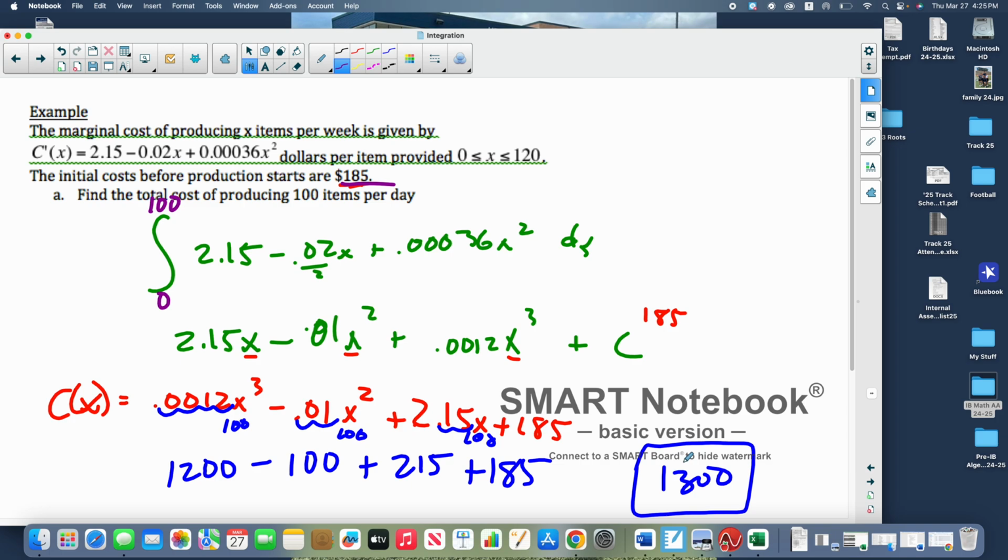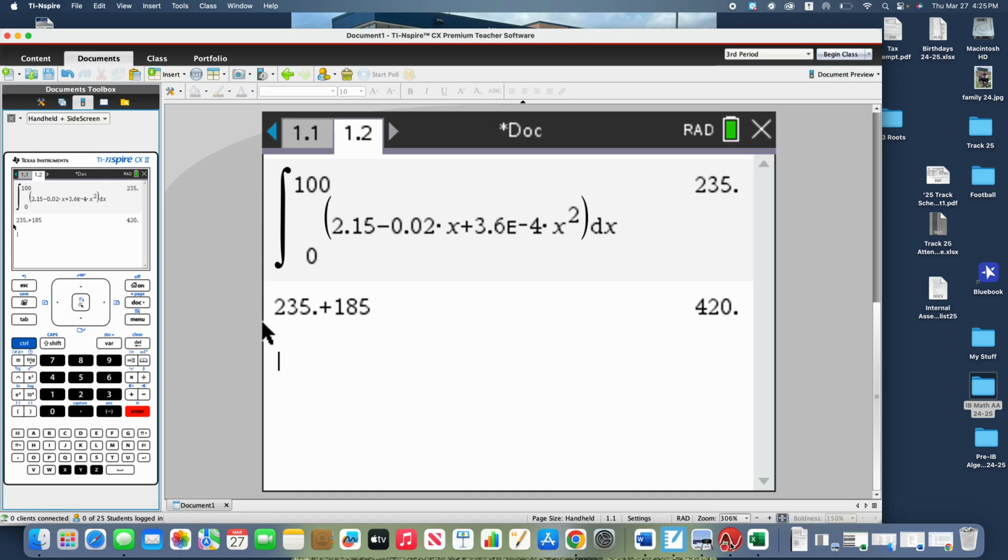Let me look at my notes real quick. And so if I was doing that, I must have done an antiderivative wrong. I believe I did. I found it right here. So 420 is correct, and what we did here is correct. I had done a miscalculation doing it the other way.